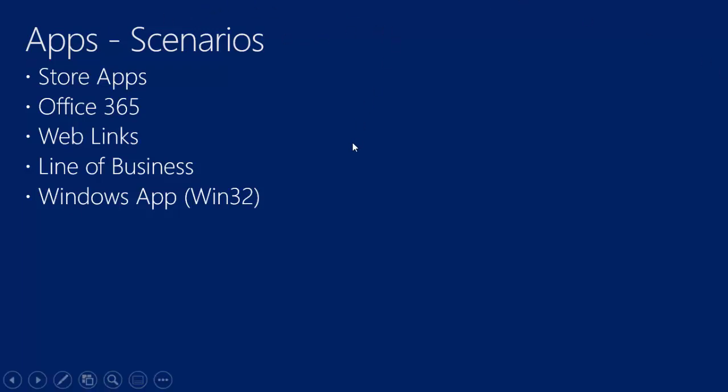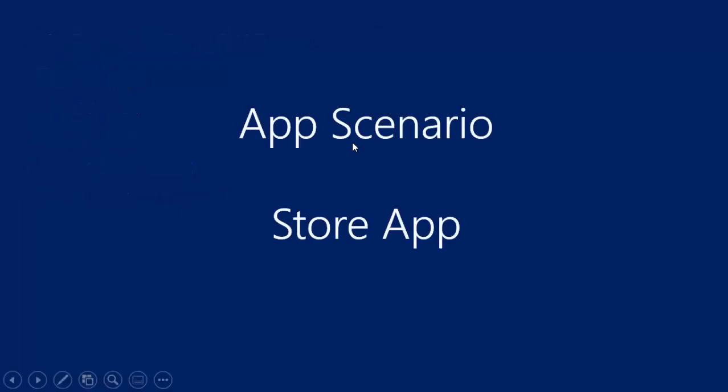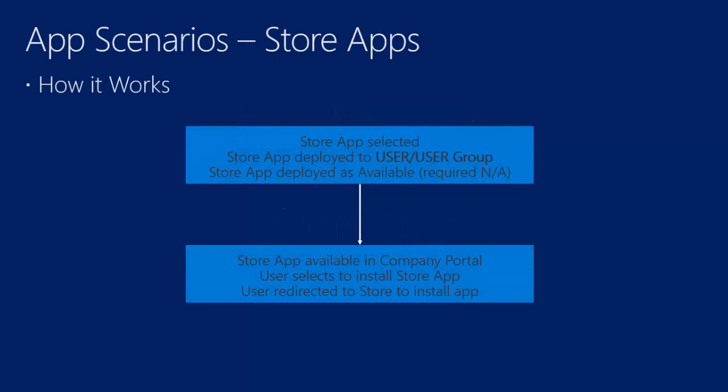So let's get to it. All right, so the first one, store apps. Store app scenario. So how does that specifically work? The way store apps work is the first thing that the admin needs to do is determine the store app that you want to deploy to your users.